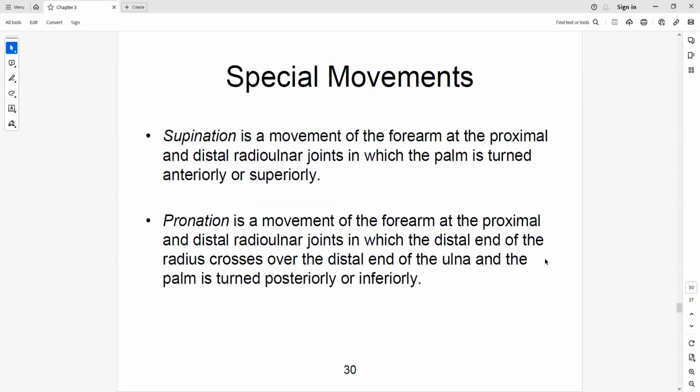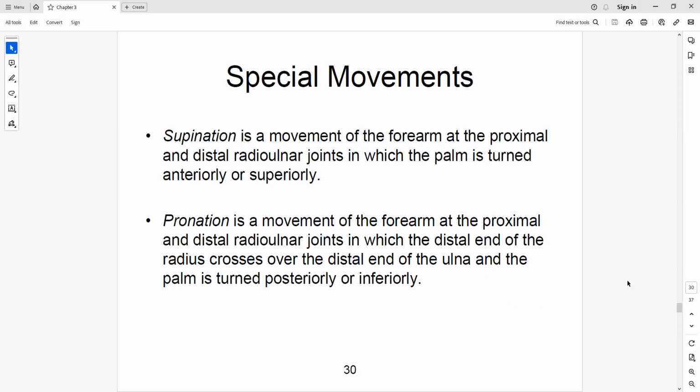So let's go back to this sharing. We also have supination and pronation as special movements. The best example of it is a movement of the forearm. We mentioned this way back in the first chapter, that the anatomical position includes the pointing of the palms forward.